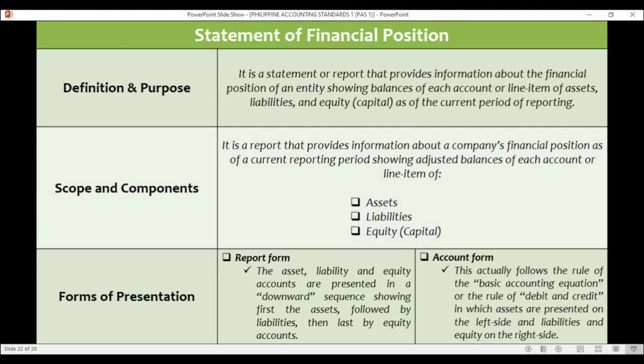The forms of presentation, okay, we have the report form or account form. For the report form, the asset, liability, and equity accounts are presented in a downward sequence, showing first the assets, followed by the liabilities, then last the equity accounts.